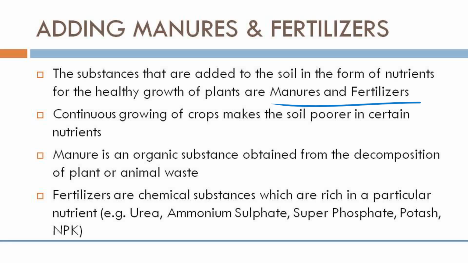Manure is an organic substance which is obtained from the decomposition of plant or animal waste. On the other hand, fertilizers are chemical substances which are rich in a particular nutrient. For example, urea, ammonium sulfate, superphosphate, potash and NPK are the type of fertilizers that are being used.